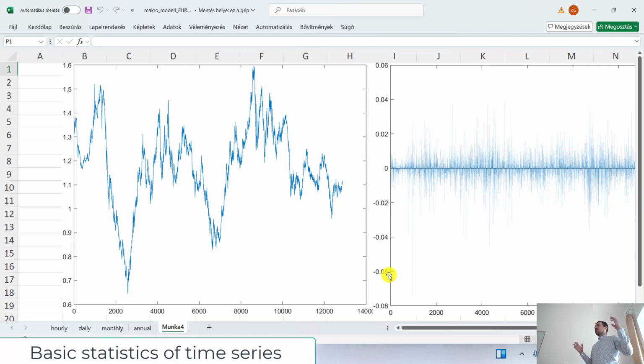Because if you are working with annual data, these are the nicest people. They don't have so many outliers, they are not fluctuating as much.